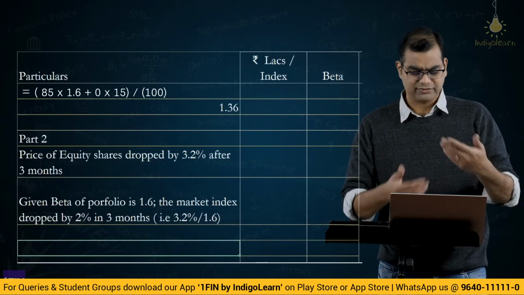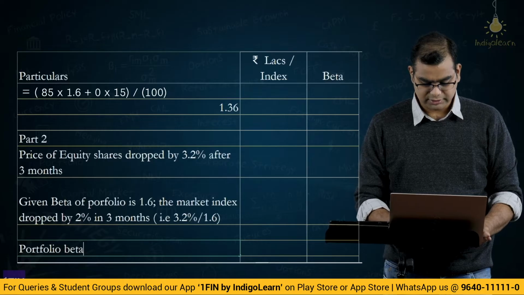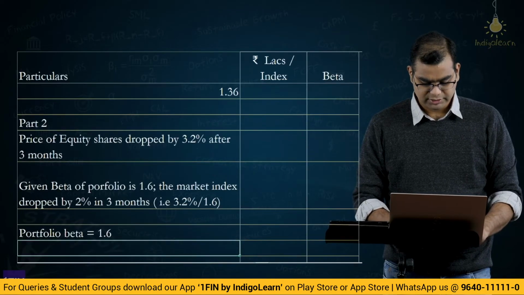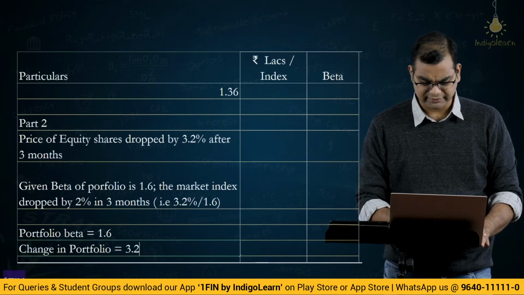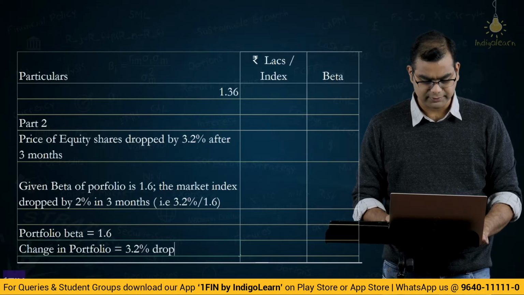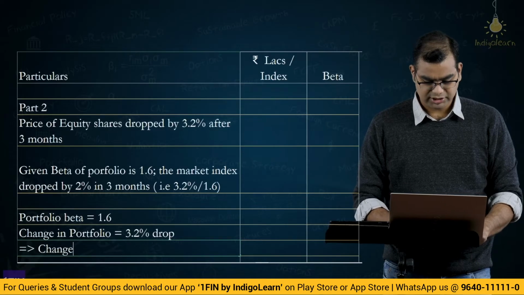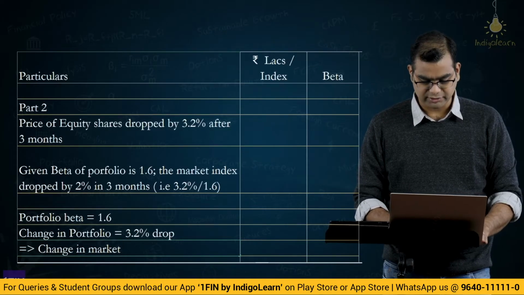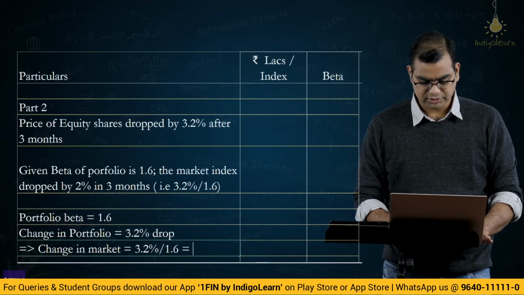Or you can simplify and say portfolio beta is equal to 1.6, change in portfolio is equal to 3.2%. It is negative, right? 3.2% drop implies change in market is equal to 3.2% divided by 1.6, that is equal to 2%.